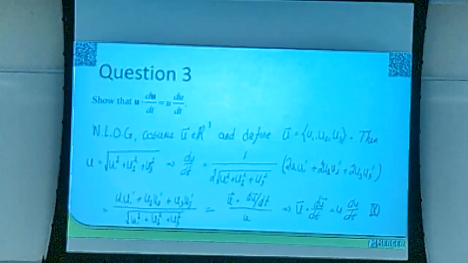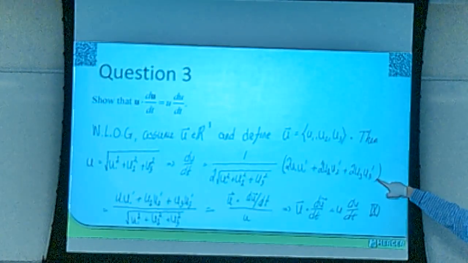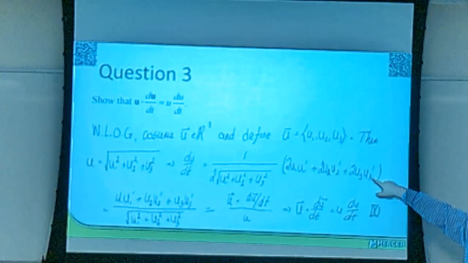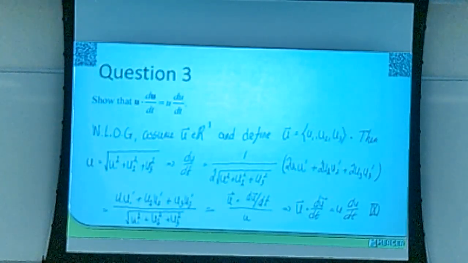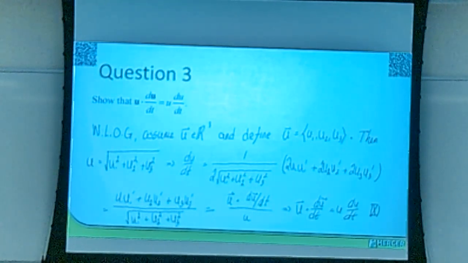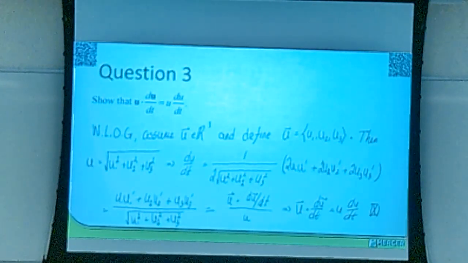And I say without loss of generality because clearly, if you're in Rn, the work is exactly the same except you have n components instead of just 3. The work is identical, so we didn't lose any generality. That's what it means when we say without loss of generality. The work is identical, just possibly more components, right?